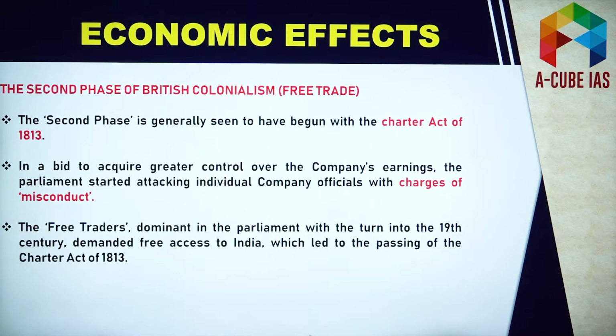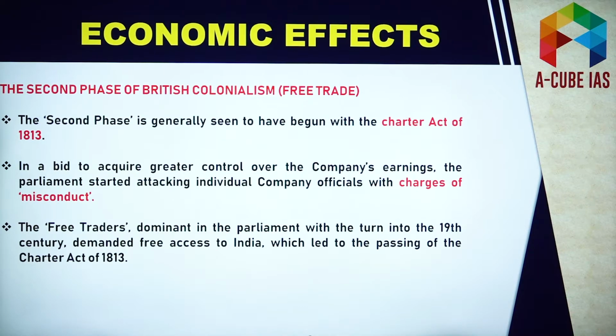You have to understand one thing here, that as the company's profits grew, the support they enjoyed from the British government became precarious. Many members of parliament, I'm talking about the British Parliament, had East Indian interests, and they used the company's resources to maintain their patronage within the government. Now, in a bid to acquire greater control over the company's earnings, the British Parliament started attacking individual company officials with charges of misconduct.